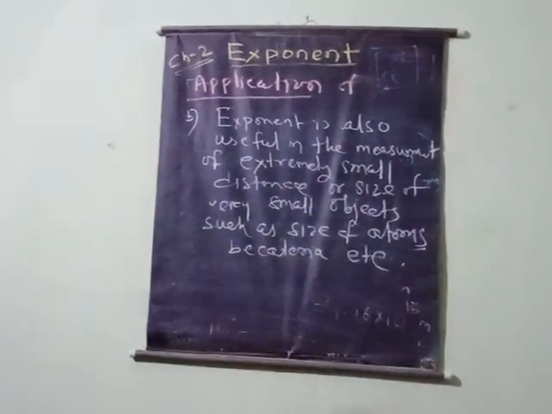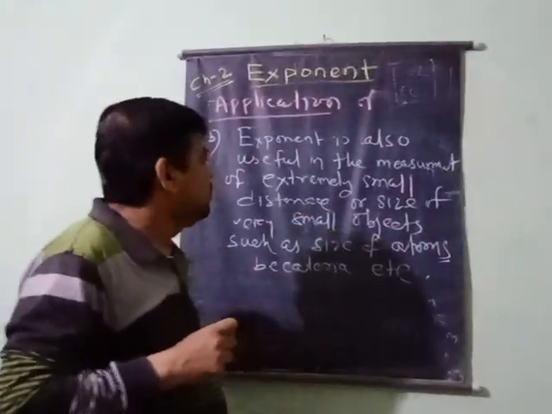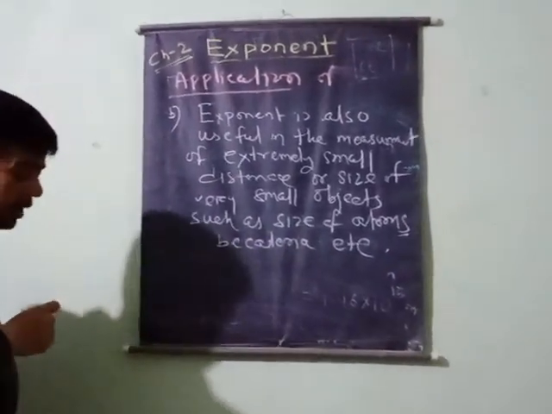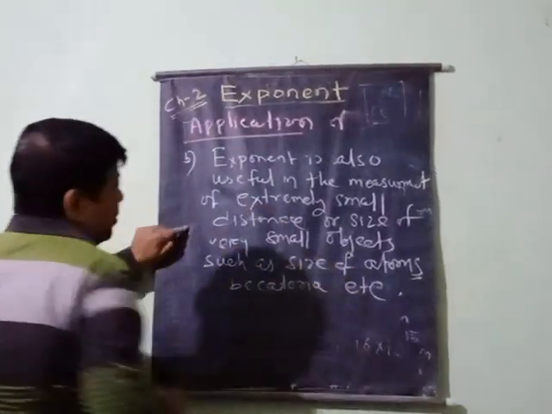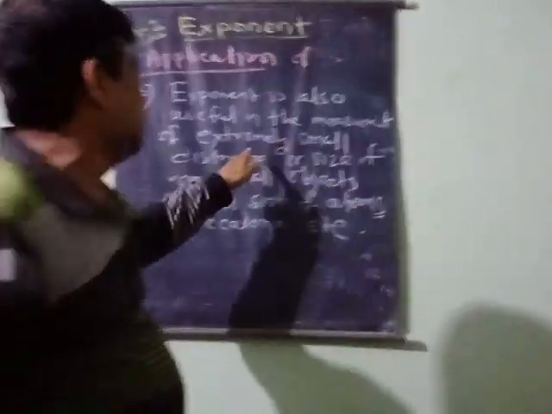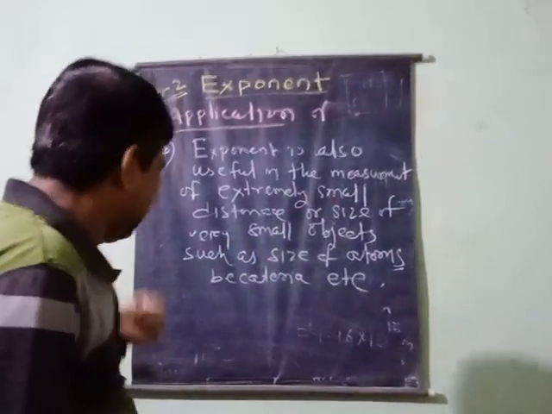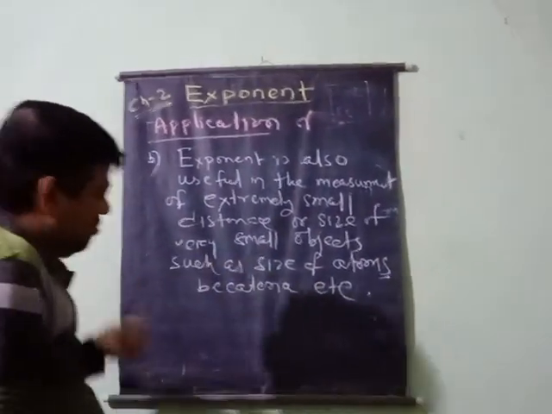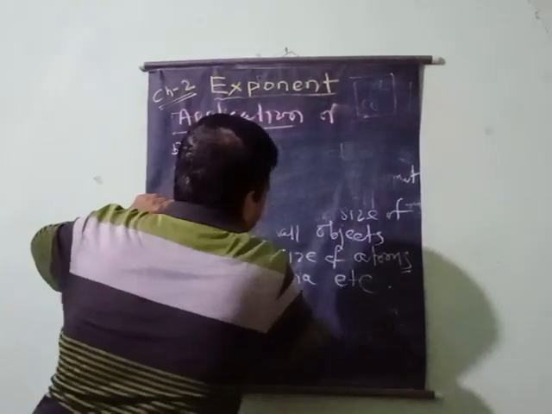We can find out the size of atoms, the size of the nucleus, the size of bacteria using this exponent. So exponent is also useful in the measurement of extremely small distance or the size of very small objects such as atoms, bacteria, etc. Okay, let us see one example.